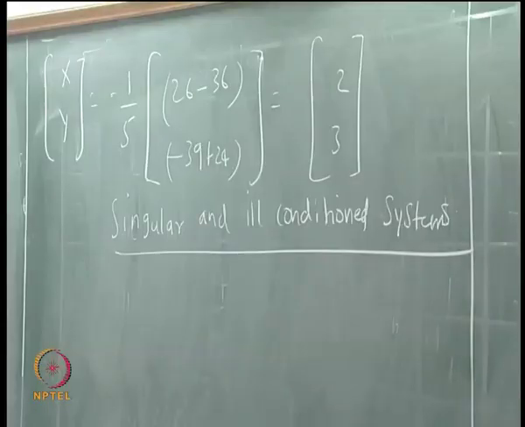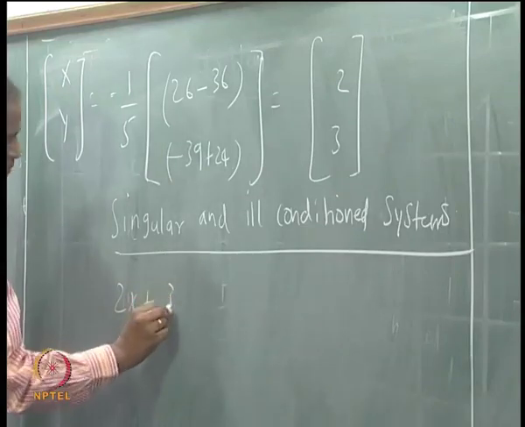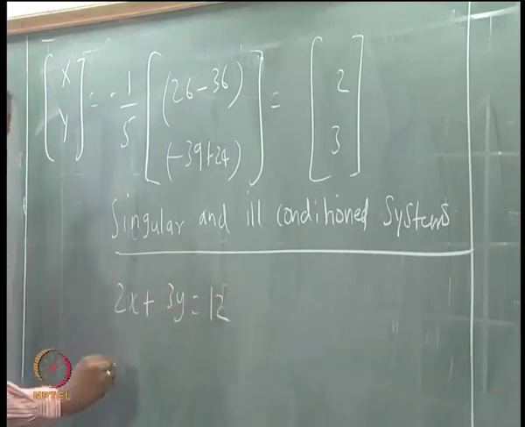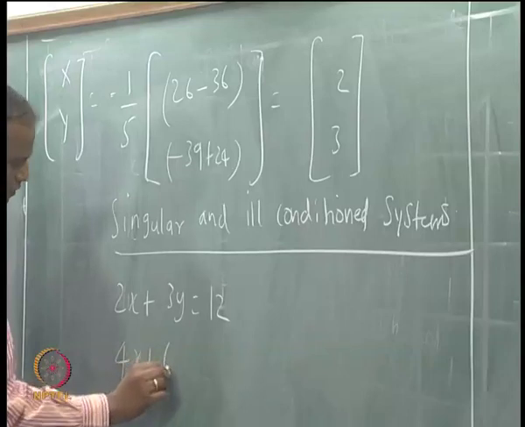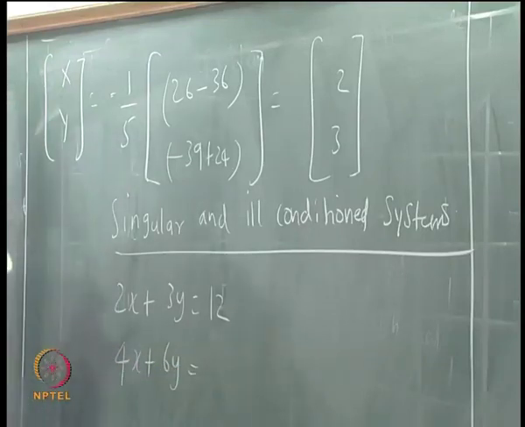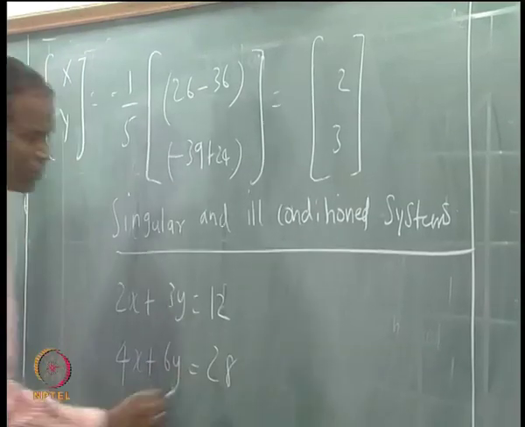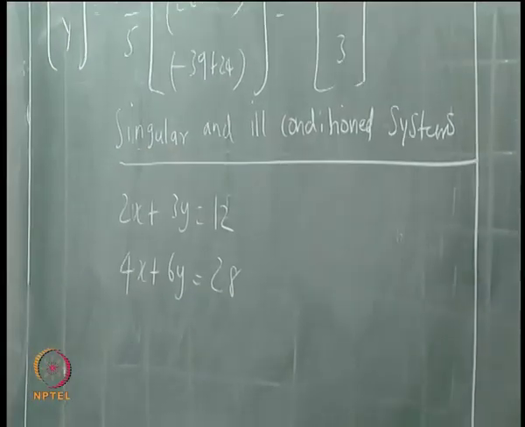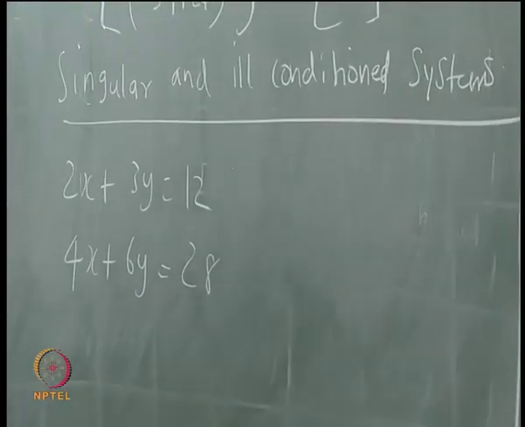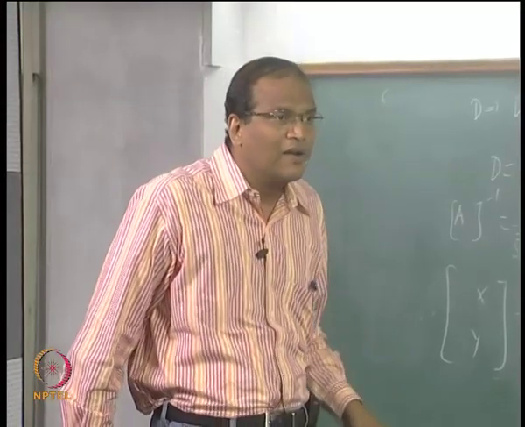So I have taken a specific case, for example 2x plus 3y. What about these two? No solution, why?